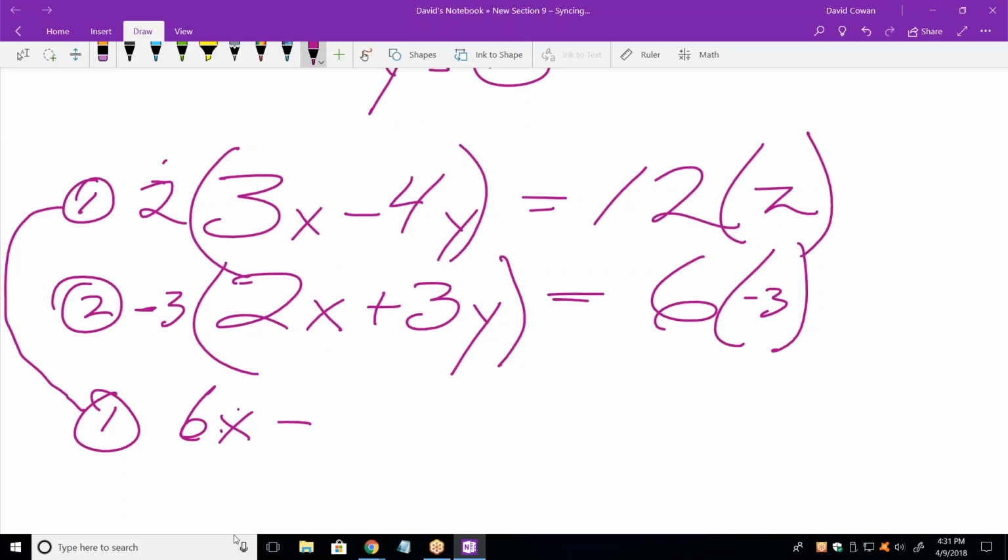The second part of that: what is 2 times minus 4y? It would equal minus 8y. In other words, it's this problem right here. 2 times minus 4. That's what it is.